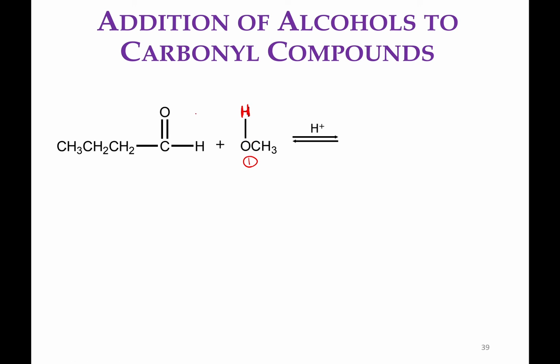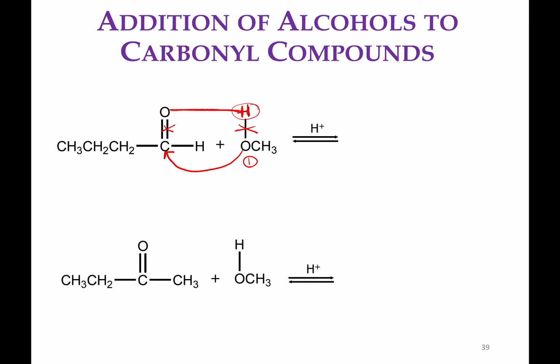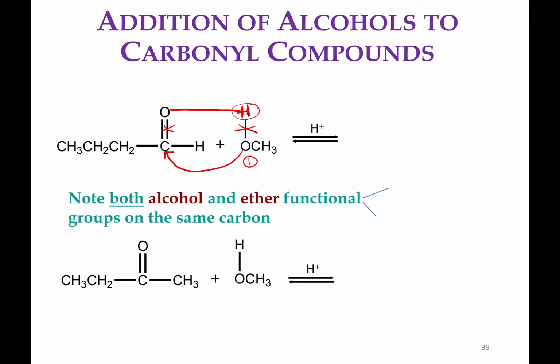Use your imagination. This is actually not the hydrogen that's doing this, but that's okay. You can picture it this way. So this hydrogen goes there, this bond breaks, and this adds here. So this is our product, I think. There we go.